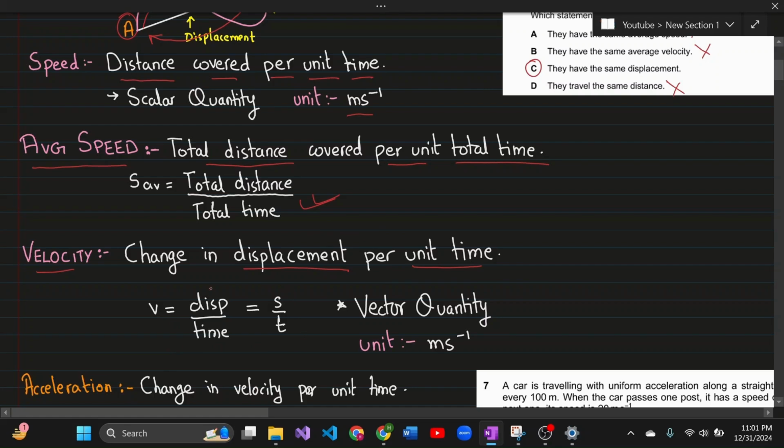It is a vector quantity, and it has unit meter per second. Similarly, if you write minus 20 meter per second, it means that the direction has been changed. There's a difference between these two velocities, because one has a negative sign, which means it has opposite direction. That is why we call it a vector quantity.